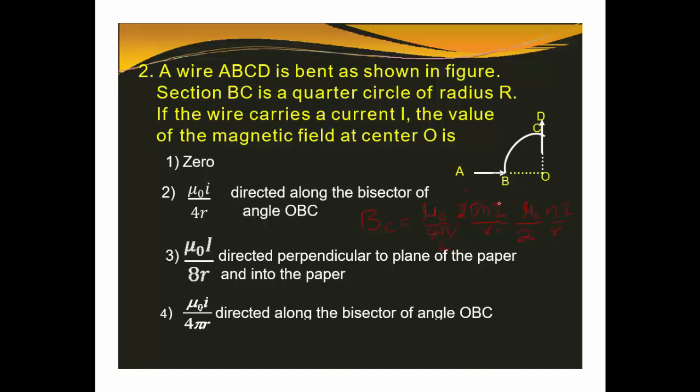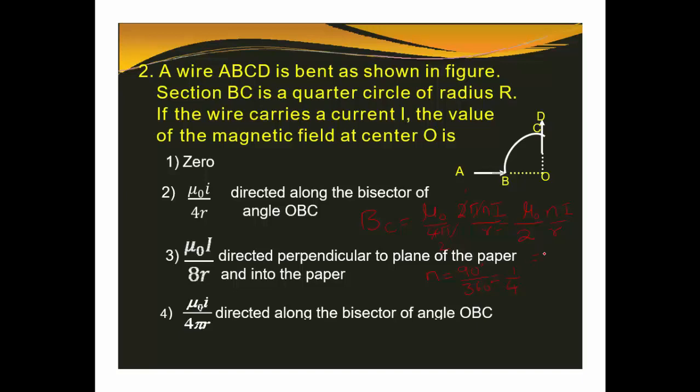Here the center formula is used, and here the circle is a quarter. If the circle is a quarter, the number of turns n is taken as 90 degrees divided by 360 degrees. For a quarter the angle is 90 degrees, for a full circle it is 360 degrees, so it is 1/4 of the circle. So the number of turns is 1/4.